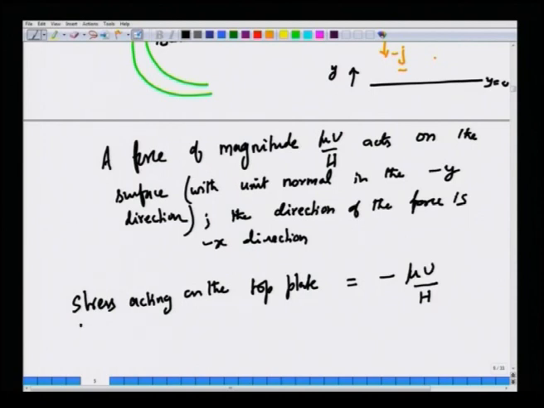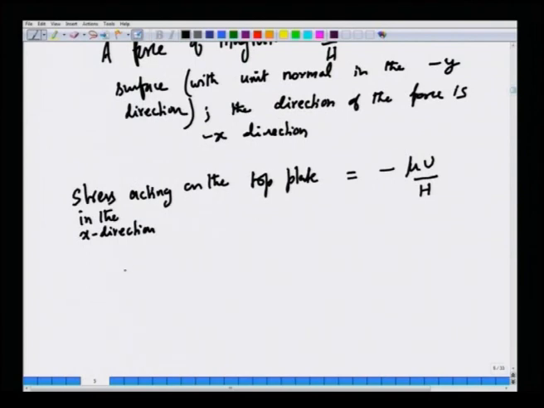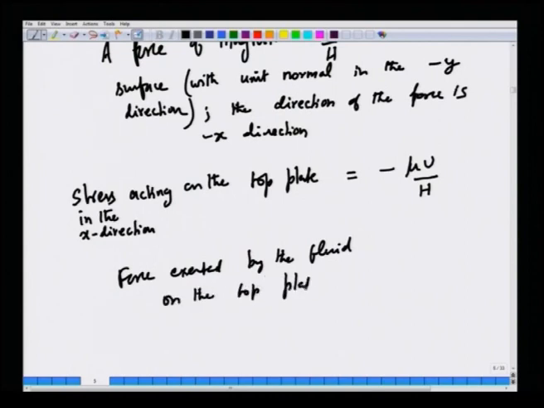So, the stress in the x direction is minus, that is, it acts in the direction of minus x. So, the force exerted by the fluid on the top plate is minus mu u divided by h times the area of the top plate.